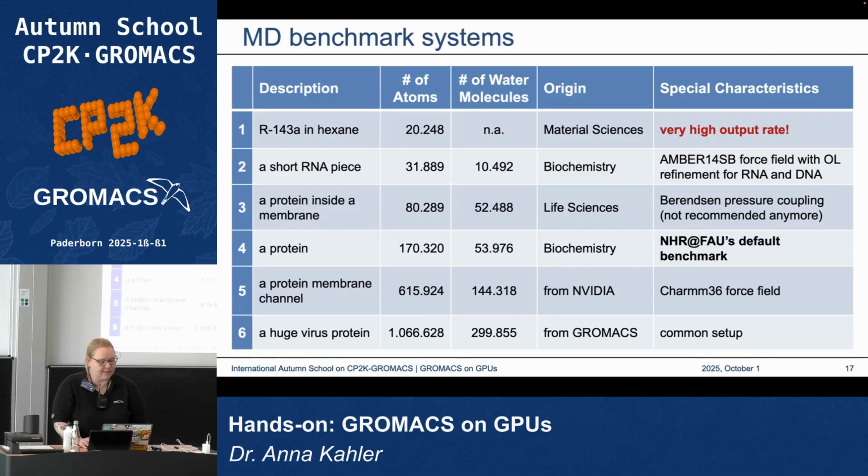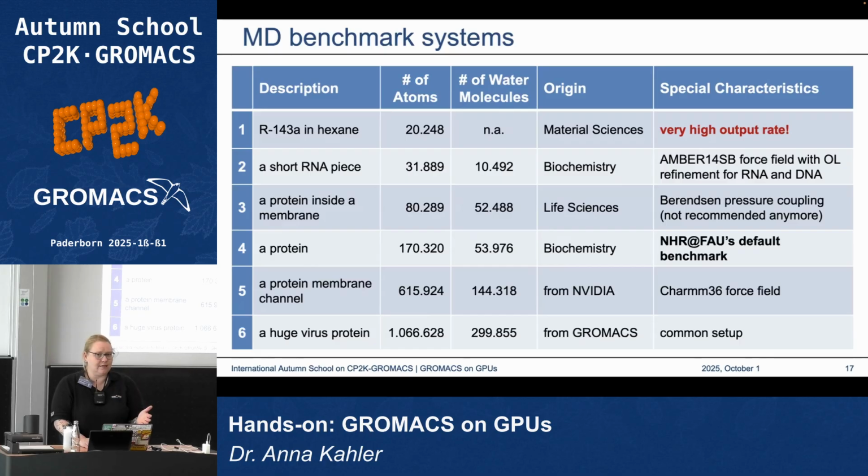And number 6 is a general STMV virus protein that is a standard benchmark in the GROMACS benchmarking suite. It's also available as a benchmark for NAMD and AMBER. So this is one of the standard benchmarks.